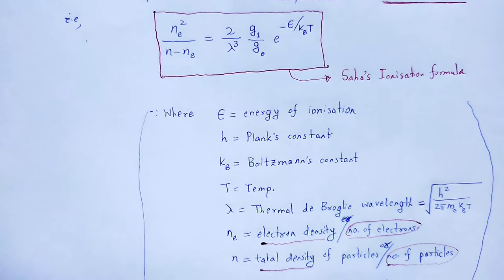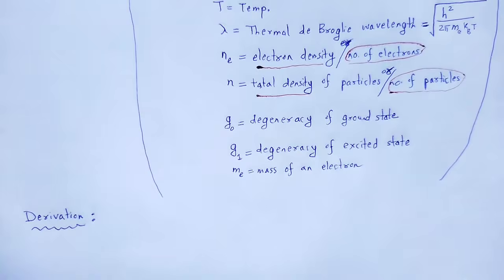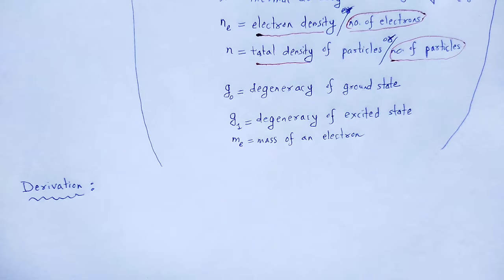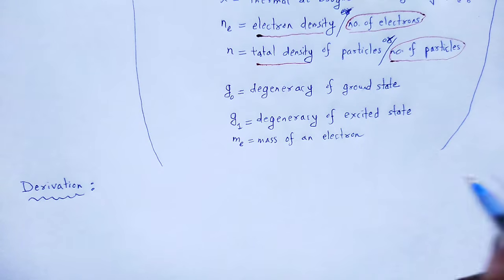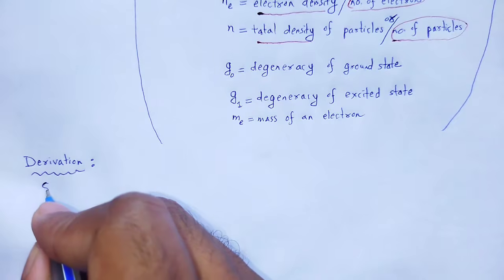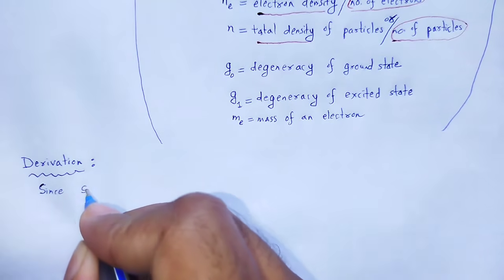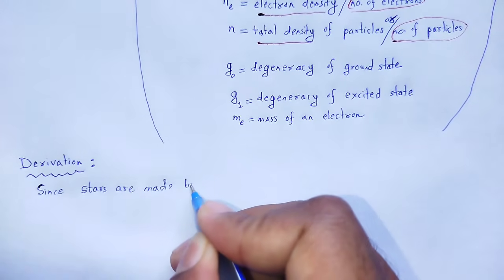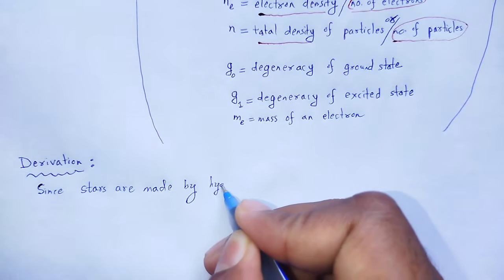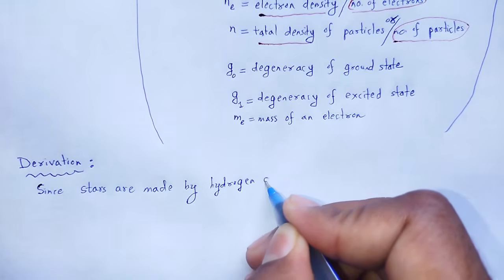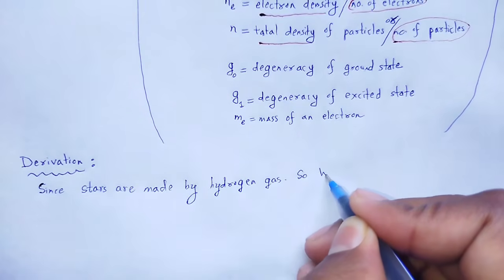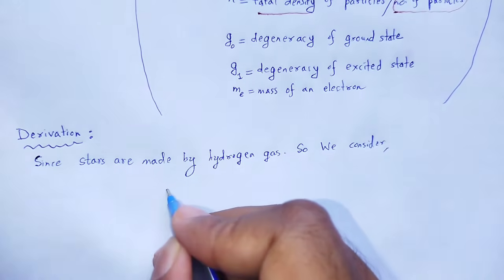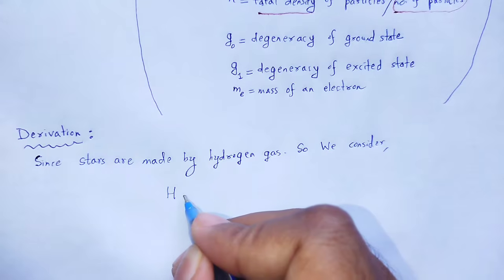Look here, basically the stars are made of hydrogen. Since stars are made of hydrogen, we consider a hydrogen atom.